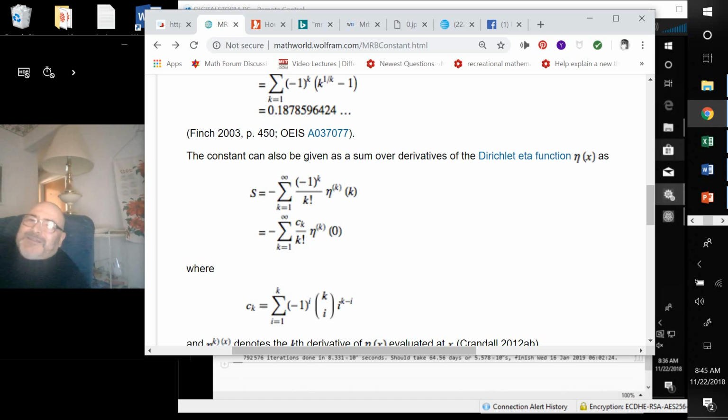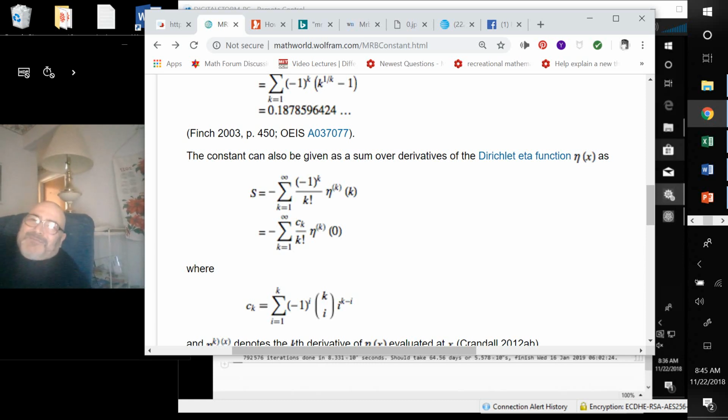Not eta sub k, it'd be zeta of k over k factorial, because eta is the alternating zeta function. A little confusing and hard to understand if you don't know the math. And if you do know the math and I butchered it, forgive me. The reader will just have to study it for himself a little bit and see what truth is in it.